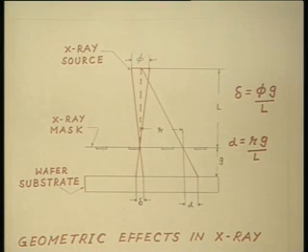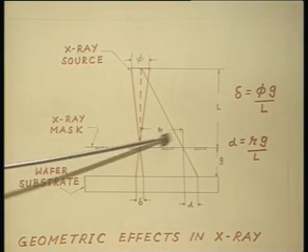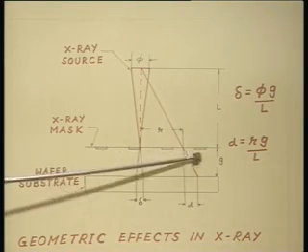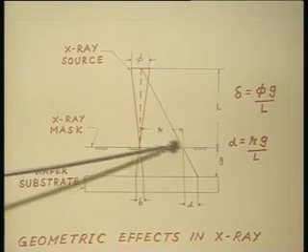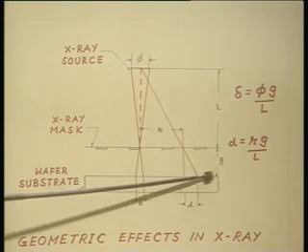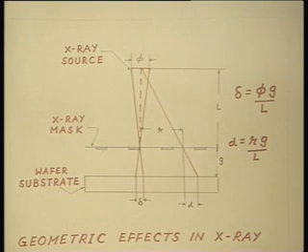Usually, however, the problems of these geometrical effects are taken care of in the mask itself. That is, as we move away from the center of the mask, the separation between the patterns is slightly reduced, so that on the semiconductor surface they all appear to be equidistant.